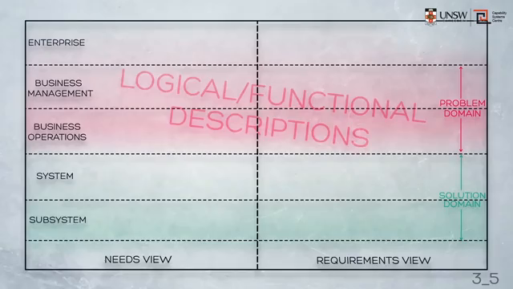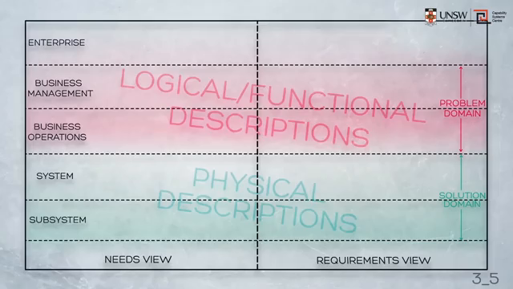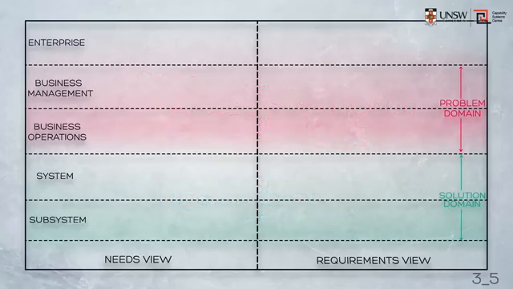Now, on the other hand, the solution domain is often considered to be the responsibility of those implementing the system. So, the descriptions of the system in that domain are mostly in engineering and in physical terms, focusing on how the problem is to be solved. That is, how it will look once it's been implemented. And so these latter descriptions we called physical descriptions.